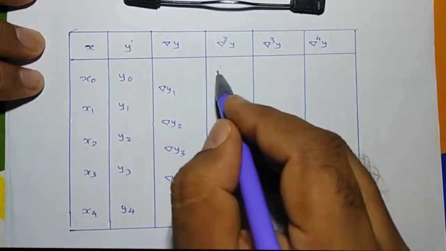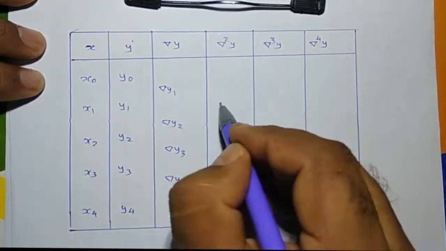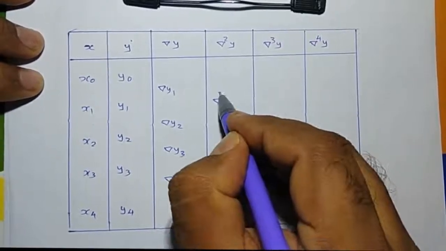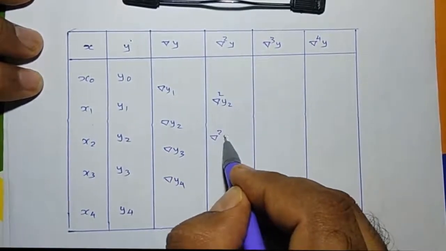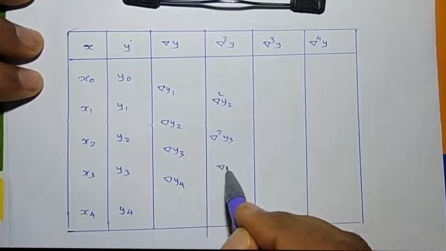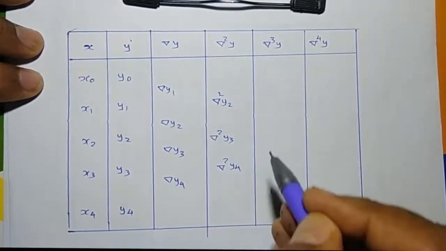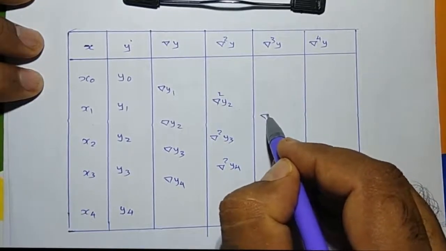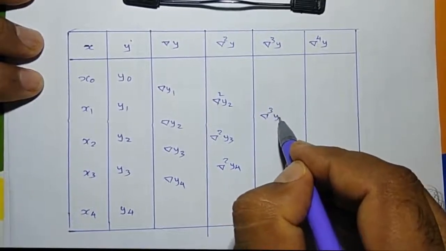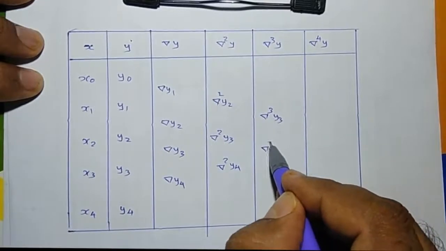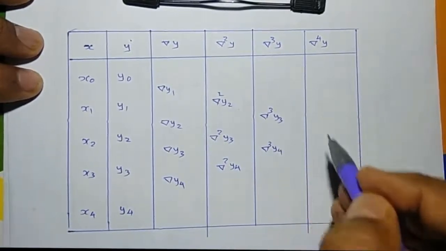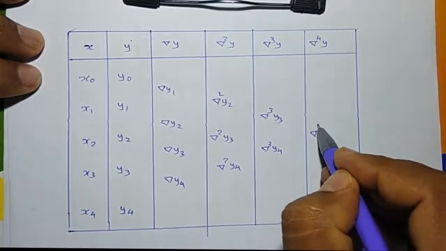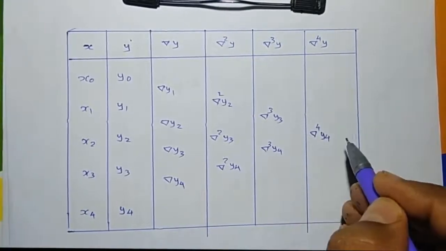In the fourth column, the second backward differences. Nabla square y2, nabla square y3 and nabla square y4. In the next column we will have the third backward differences as nabla cube y3 and nabla cube y4. Finally we have the fourth backward difference as nabla raised to 4 y4.